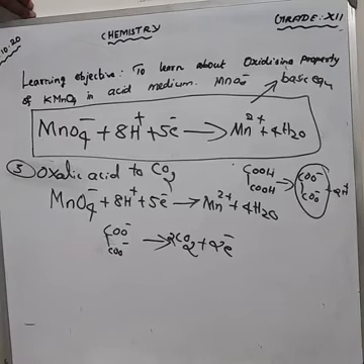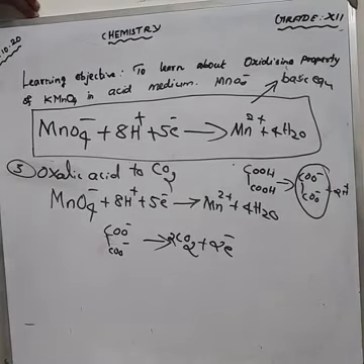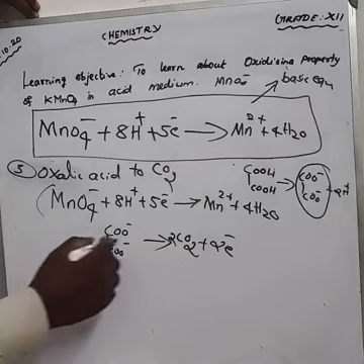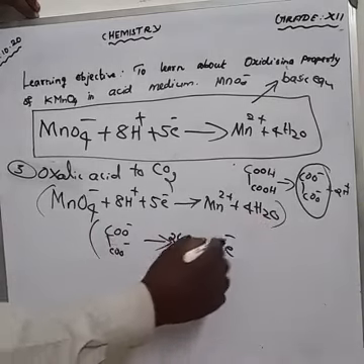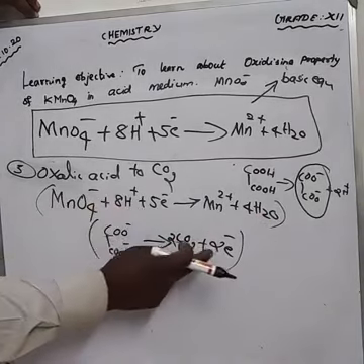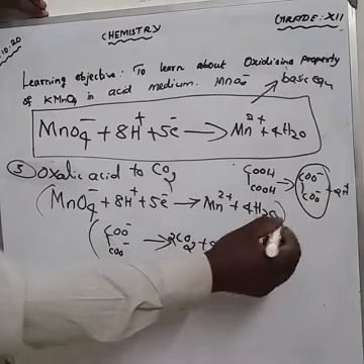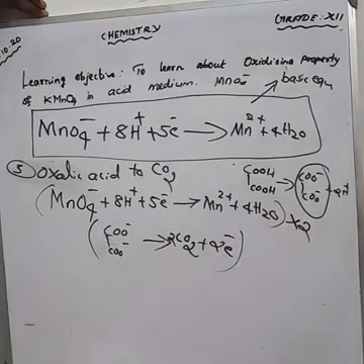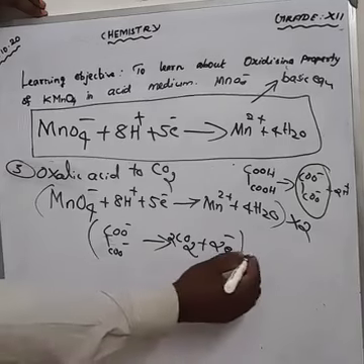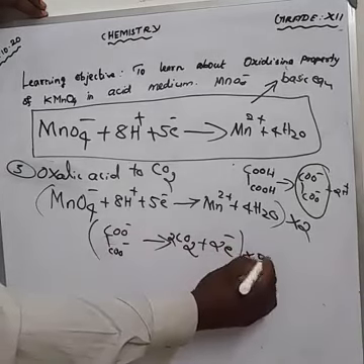Now equate the electrons by multiplying. The first equation is multiplied by 2 and the second one by 5.